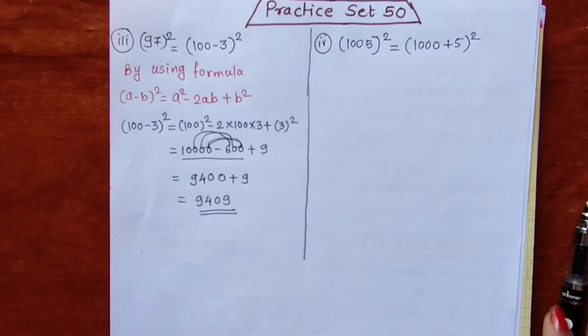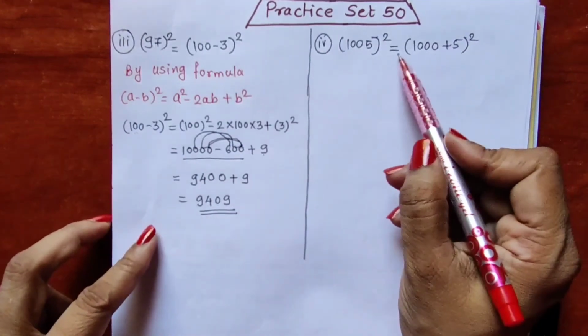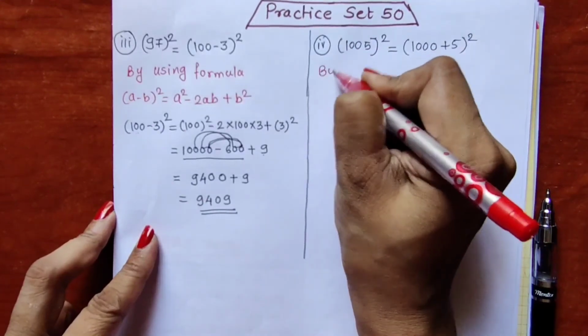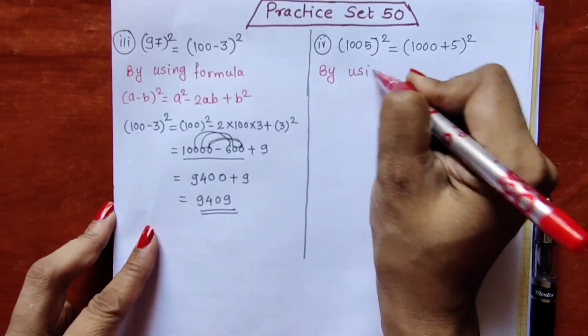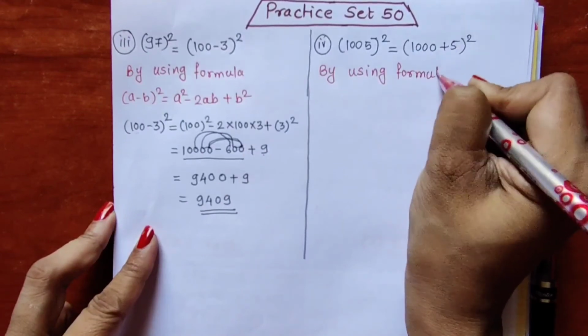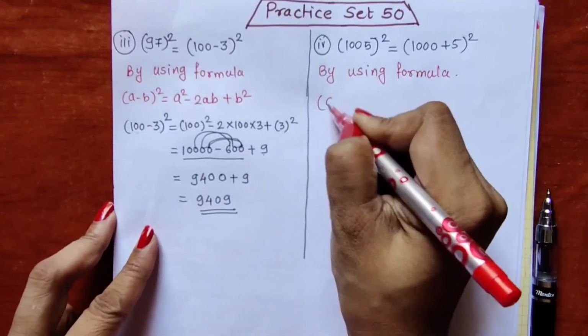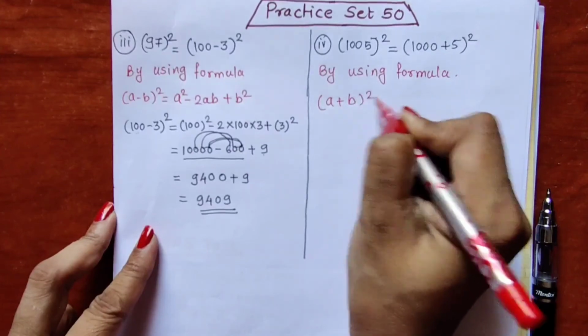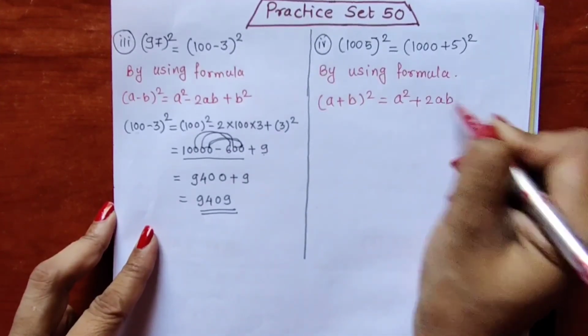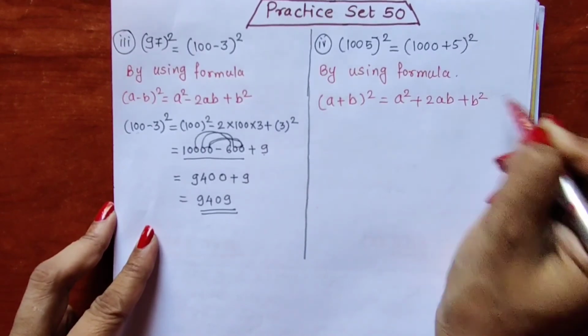Now as we have used plus sign, we have converted into the addition form. We can use the formula. Which formula we can use? A plus b whole square is equal to a square plus 2ab plus b square.